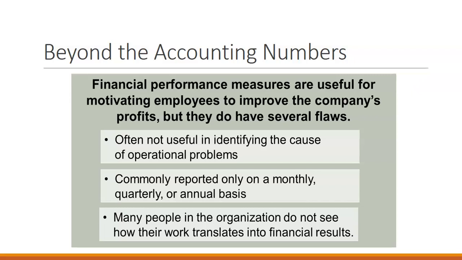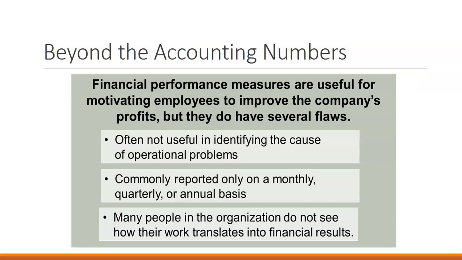Additionally, we might only report financial measures on a quarterly or annual basis. Well, that's not often enough to look at employee performance or to make corrections in employee performance. Additionally, generally only our accountants, maybe our board of directors, maybe other people see the financial results.